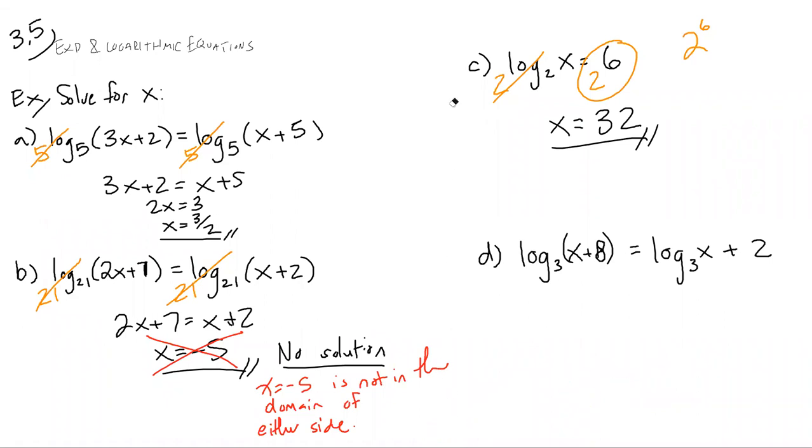So on this next one, I'm going to do a really common mistake. What I might see is that someone might give me a next line of this: x plus 8 equals x plus maybe 3 to the 2. So this is not going to work, because what somebody would have done to get this result is they would have done 3 to the left side equals 3 to this term plus 3 to that term.